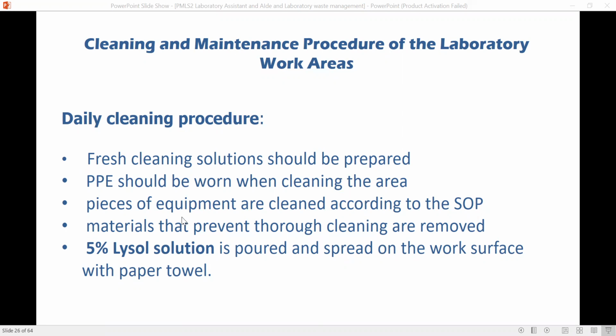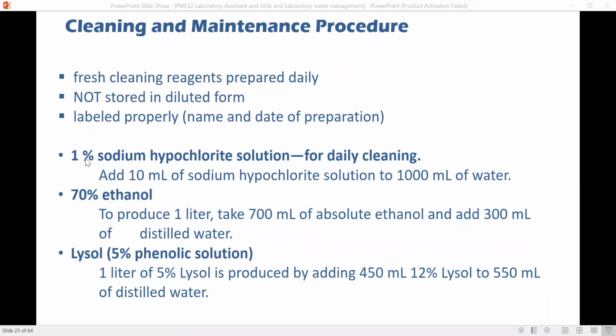Pieces of equipment are cleaned according to the SOP. Some equipment is not cleaned every day. Materials that prevent thorough cleaning are removed, so if something is in the way, you remove it to clean thoroughly. Usually 5% Lysol is used in cleaning, or 1% sodium hypochlorite.